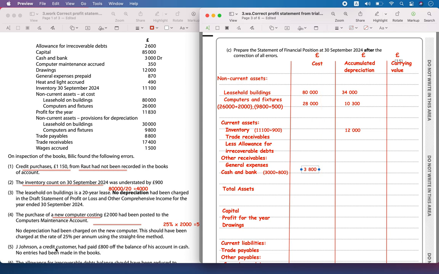And then this credit customer, so it is a trade receivables account. So it will get reduced.